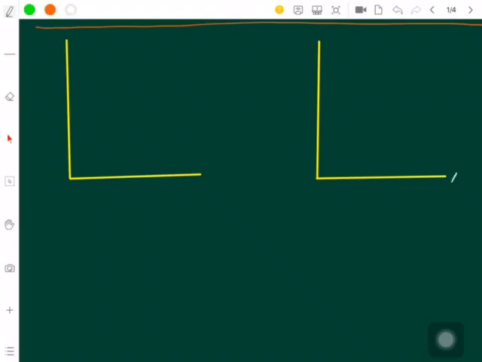I'll take x, y, origin, x, y, origin. So let us draw two production possibility curves also. This is our production possibility curve in this case, and this is our production possibility curve in this case. So what is happening in both cases, I'll tell you.